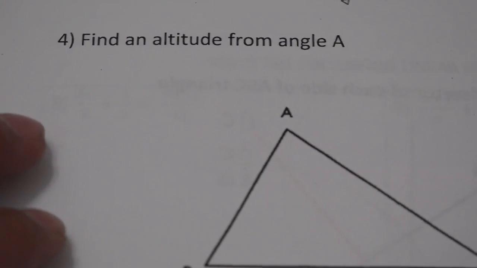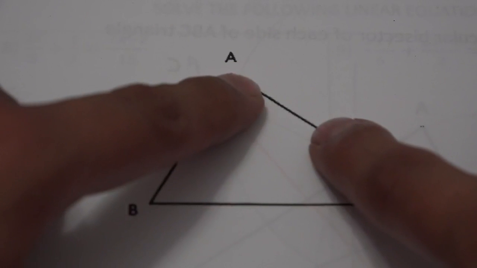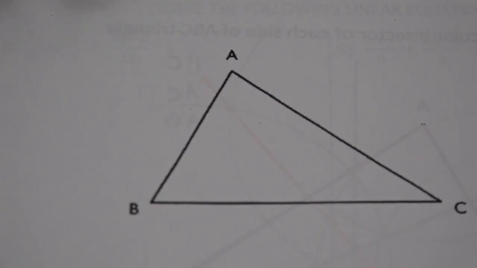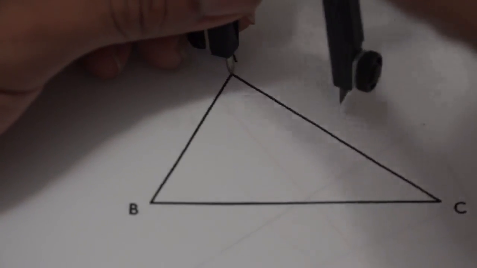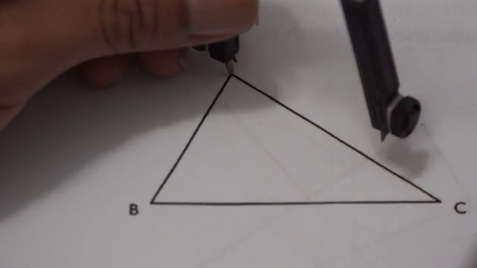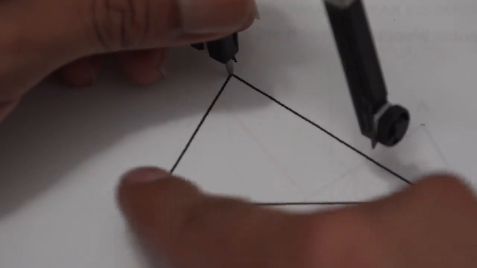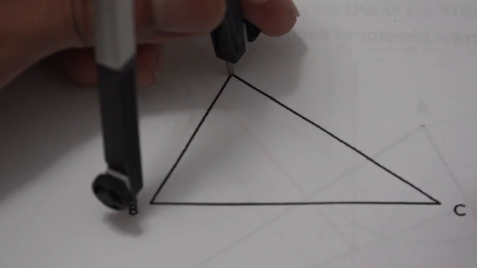Right then. The next one says find the altitude from angle A. This is angle A. To find the altitude is like drawing a perpendicular from a point. Look, the most important thing is that you need a segment. So you need to create a circle or a semicircle or an arc or two marks on this opposite side. Let me see, right here it won't do it.